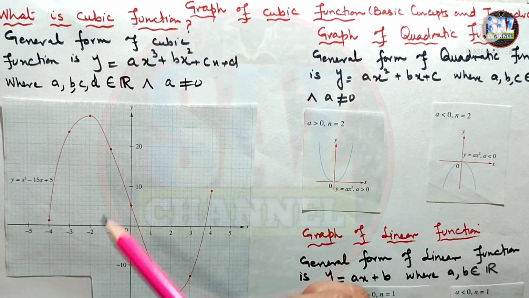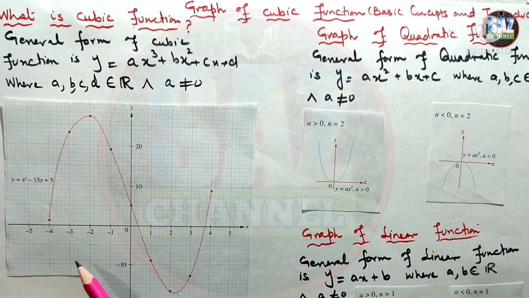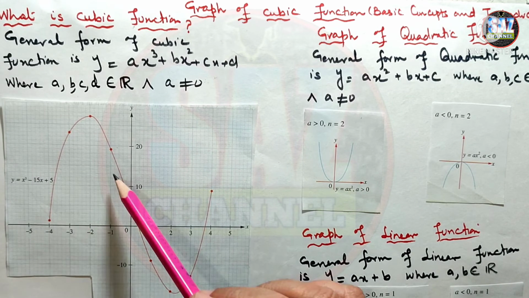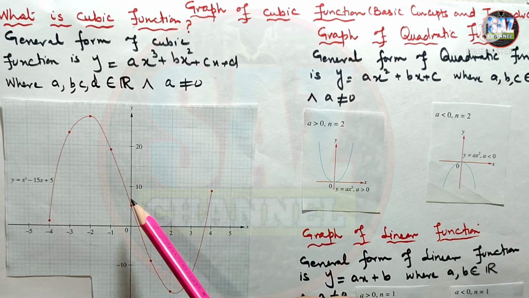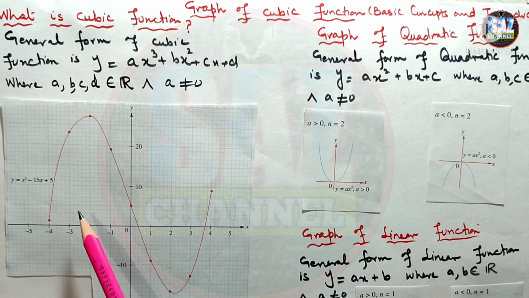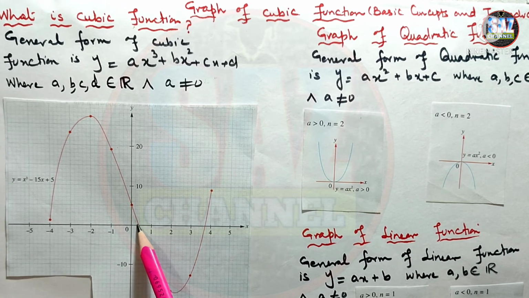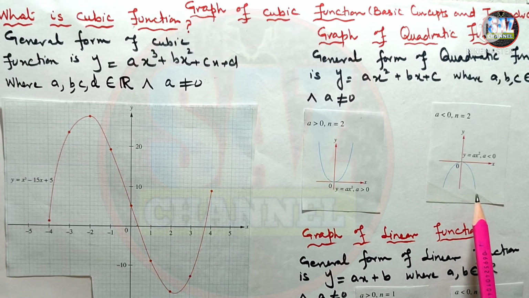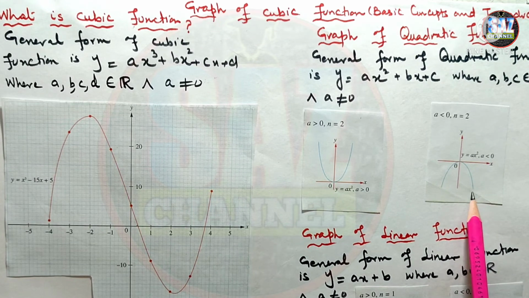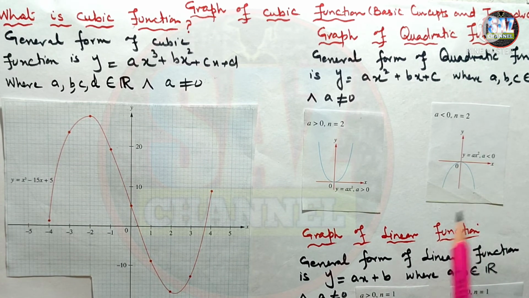When you draw the graph of a cubic function, the formation that you will get will be like two parabolas joined together. If we compare this part of the graph till this part, we can see this is similar to this part of the curve, which is the parabolic curve, and this one is similar to this part.